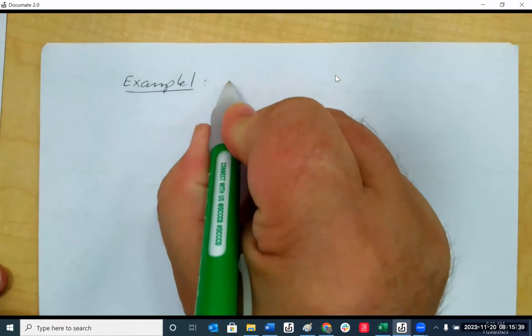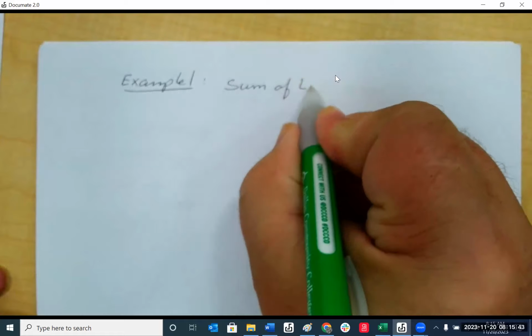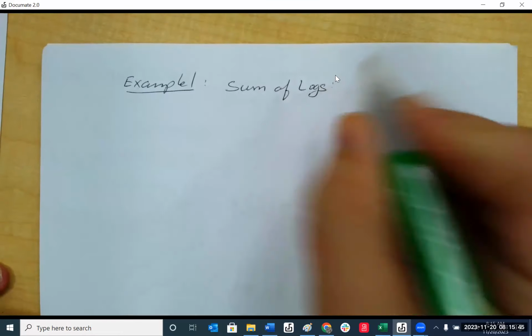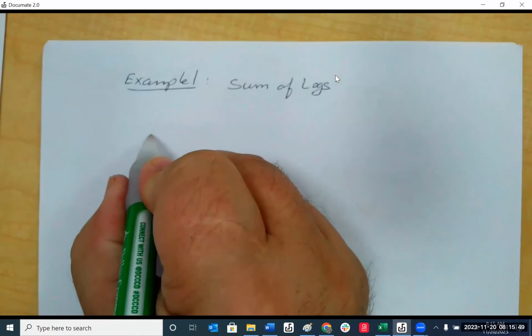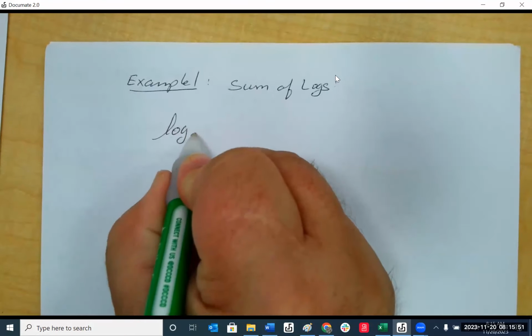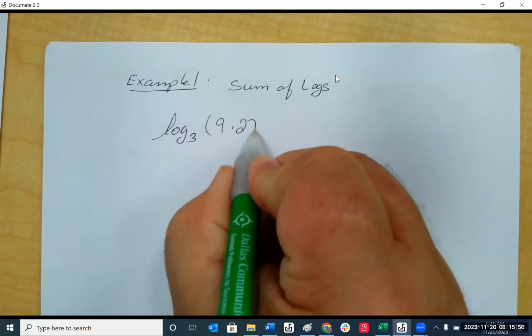Express as a sum of logs. Our equation is log base 3 of 9 times 27.